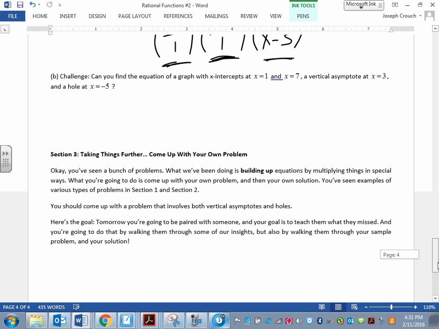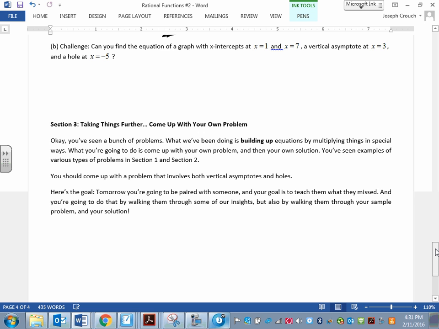Okay, challenge letter B. X-intercepts at 1 and 7, a vertical asymptote at 3, and a hole at -5. So I've just got to build this equation up bit by bit. An x-intercept at 1 is x minus 1 over 1. Boom, that has an x-intercept at 1. Now let's multiply by something to get an x-intercept at 7. How about x minus 7 over 1?